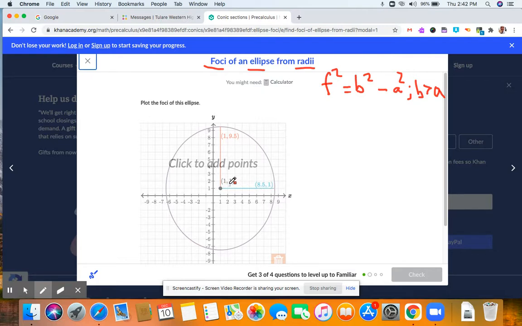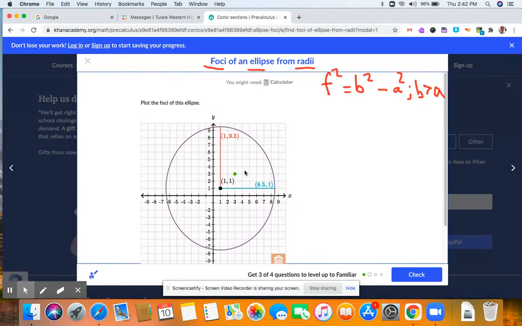If you want to know the distance here, the main thing we're concerned about is being accurate with these. It's kind of hard to see. Nope, that's not what I wanted, but that's fine. All right, so for the major radius, 1 minus 9.5, the change of 9.5 and 1, is 8.5.